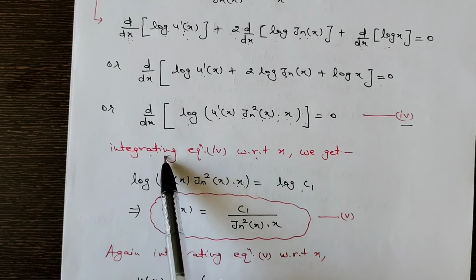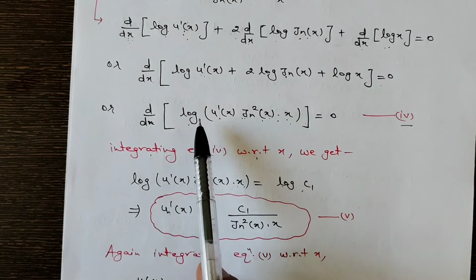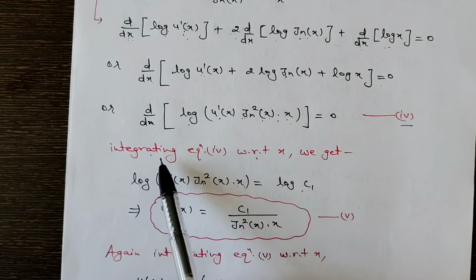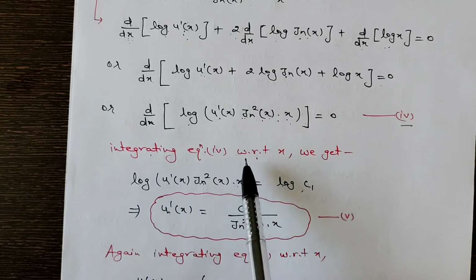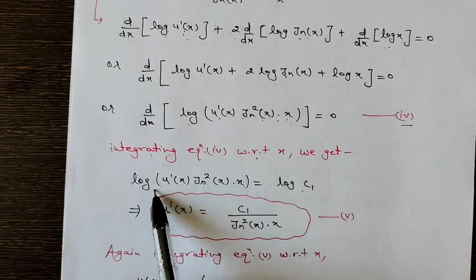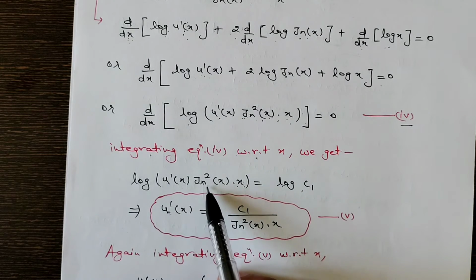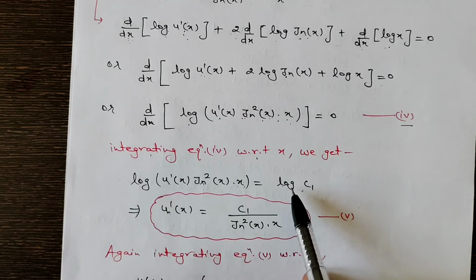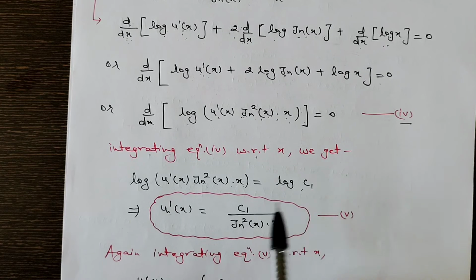So integrating with respect to x, this operator also contains derivative with respect to x, and we are also integrating with respect to x, so both operations will cancel, and the remaining term will be log of u prime x jn square x into x equals to some constant of integration, and I had used that constant in terms of logarithm also, so log of c1, some constant of integration.